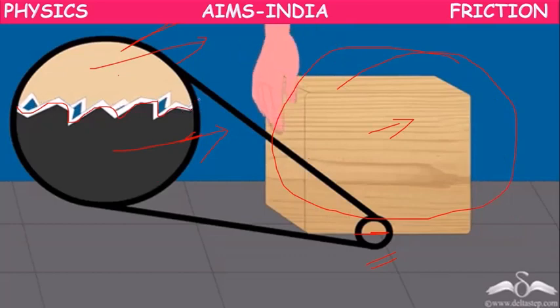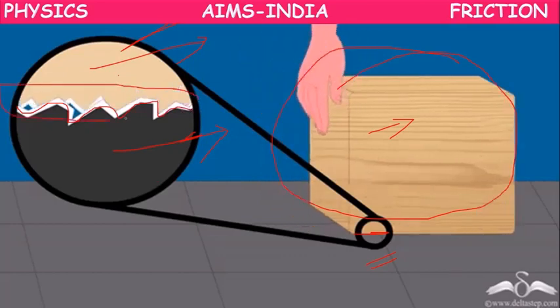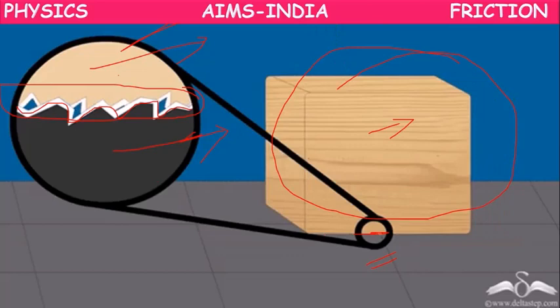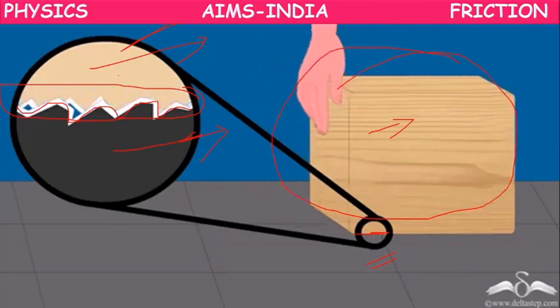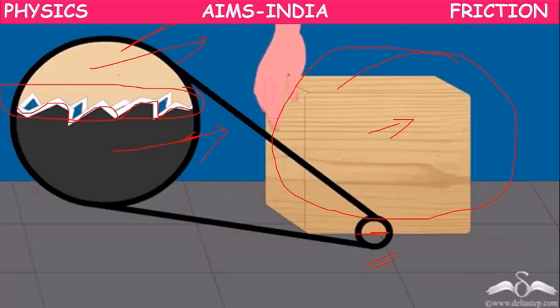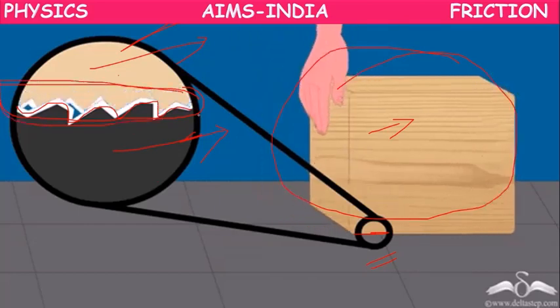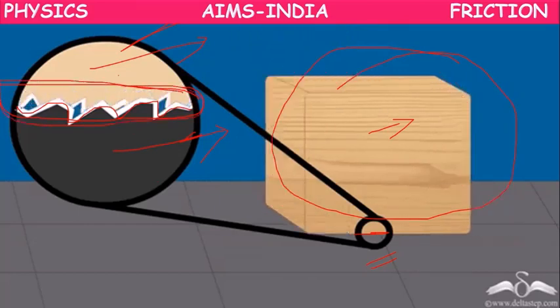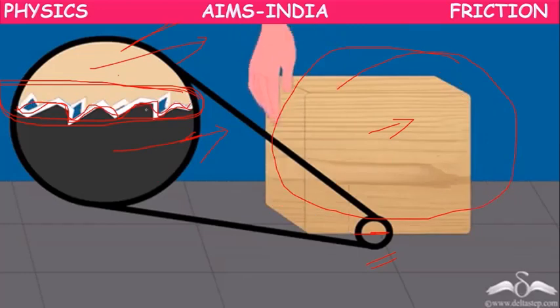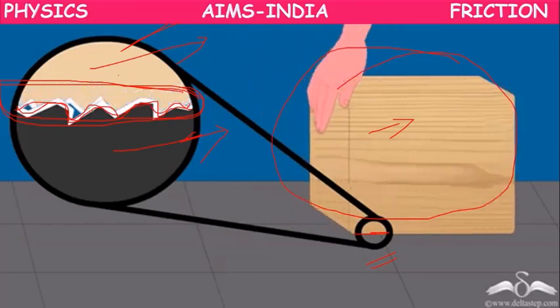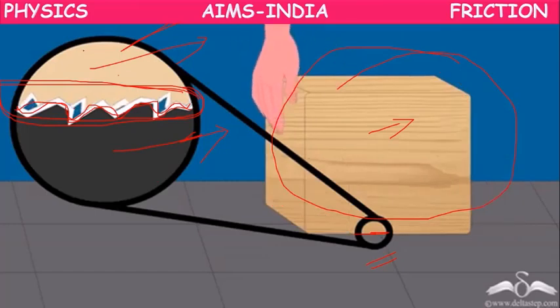Though the surfaces look flat in normal view, in the microscopic view there are many irregularities between the surfaces. Because of these irregularities, friction is created.